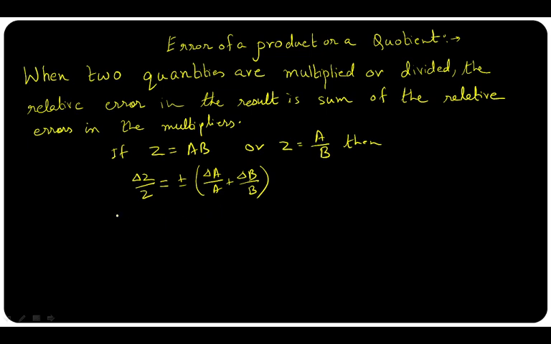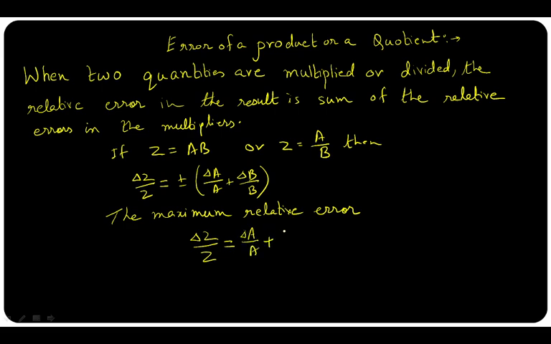The maximum relative error del z by z is equal to del a by a plus del b by b.